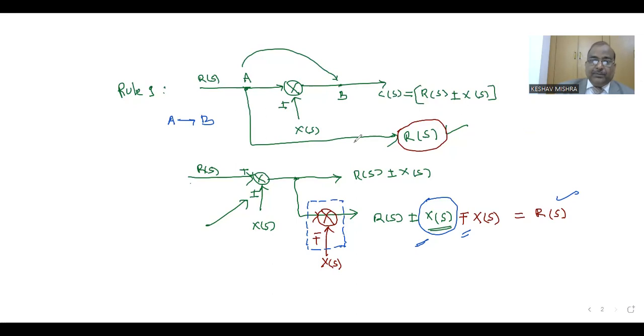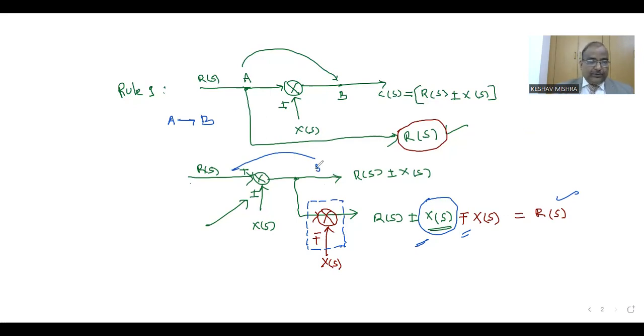In a similar fashion, we can move the summing point from position B to position A also. So this is the simple concept of moving a summing point and takeoff point before or after, from A to B and B to A.